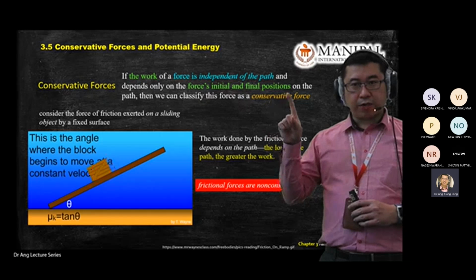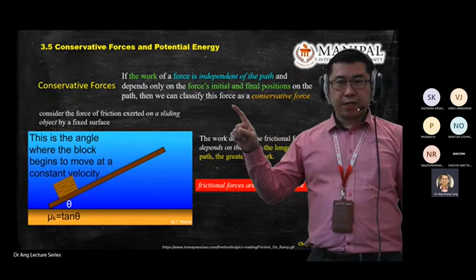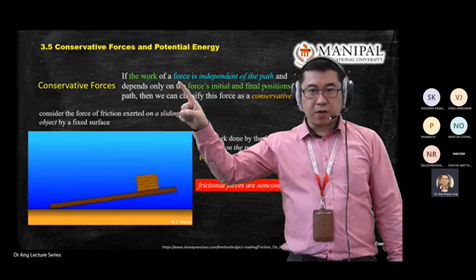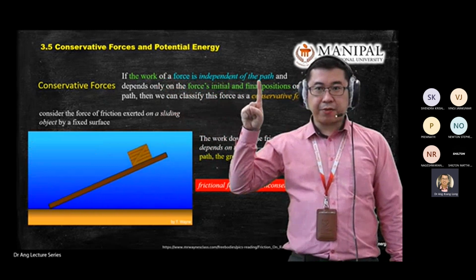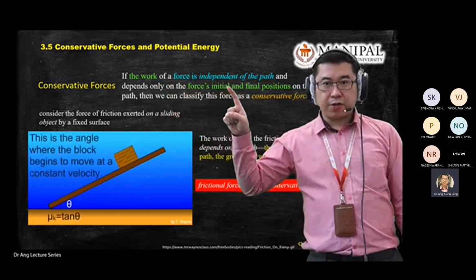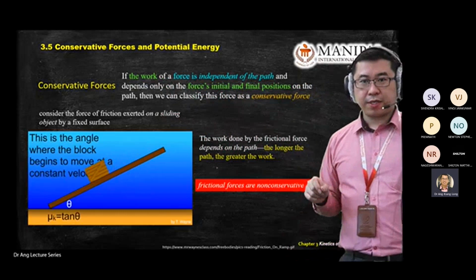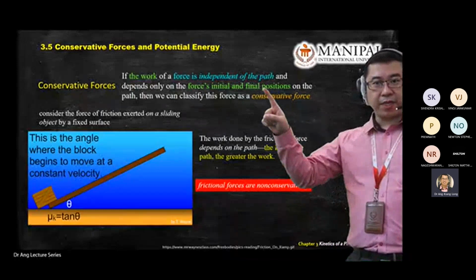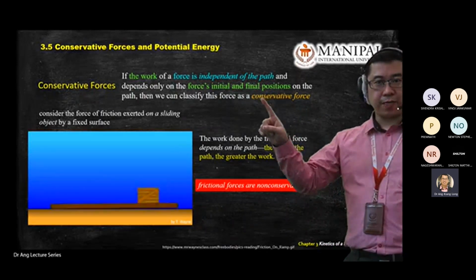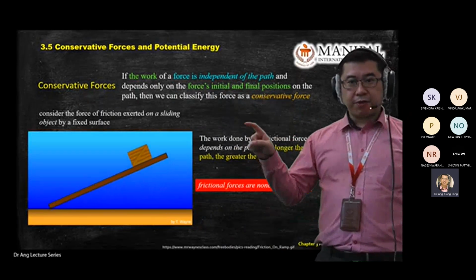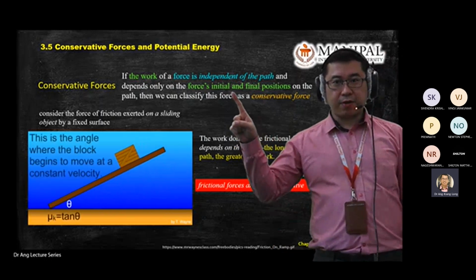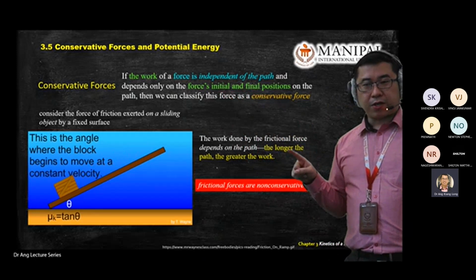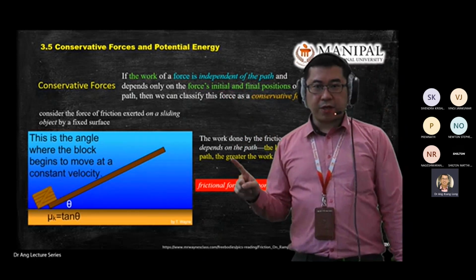Because according to the definition of conservation of force, if the work of a force is independent of the path and only depends on the initial and final position, then it falls under conservation of force. Friction force does not meet this definition. Friction force depends not on the position, but on the displacement of the contact surface.